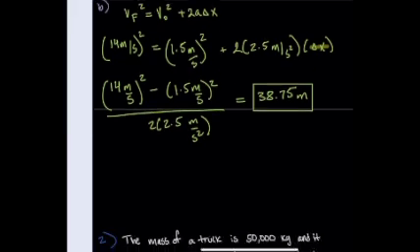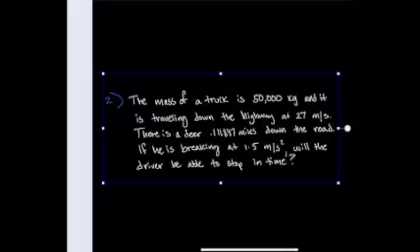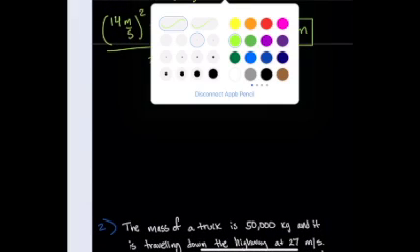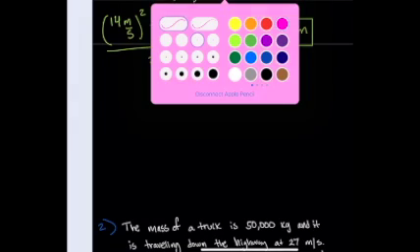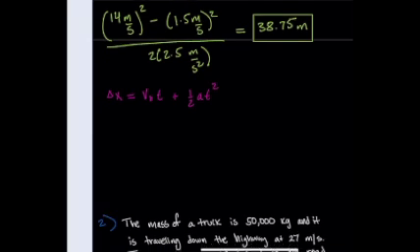Now, that's not the only way we can solve this, right? Because we have multiple equations that have the same variables. So let's try another way. We can also use this equation because it gives us the opportunity to solve for the displacement by using time, initial velocity, and acceleration.